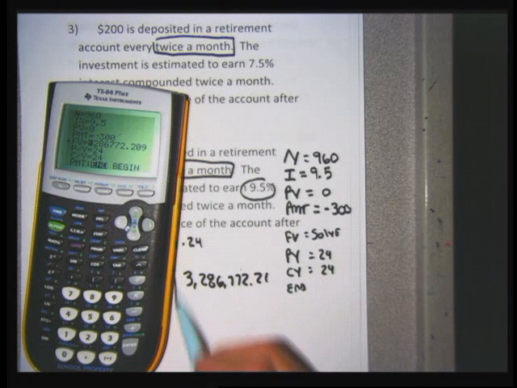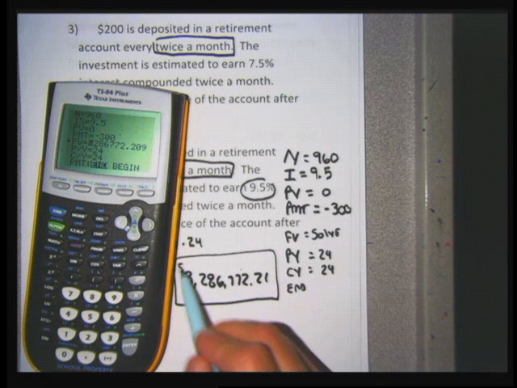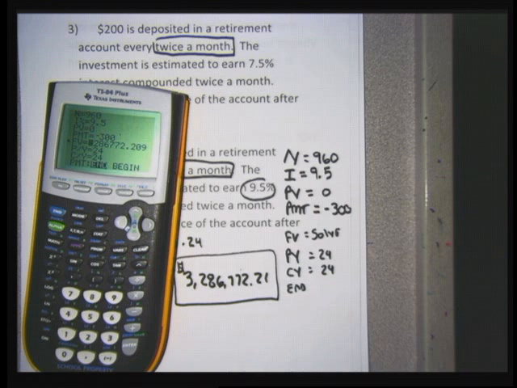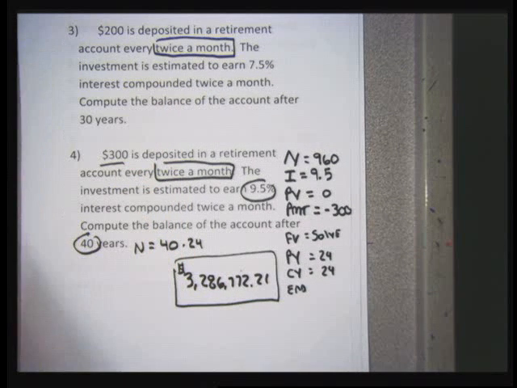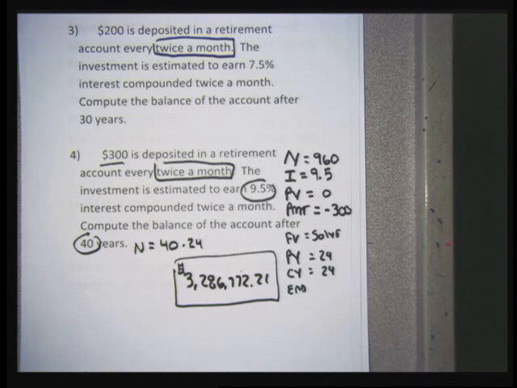So that's only saving $300. I mean, it's a lot, $300 out of every paycheck, $600 a month, which is $7,200 a year. But $7,200 a year for 40 years, so if you start when you're 25 and retire when you're 65, and you just put $600 away every month for retirement, and you get 9.5, which is a pretty high interest rate in today's dollars.